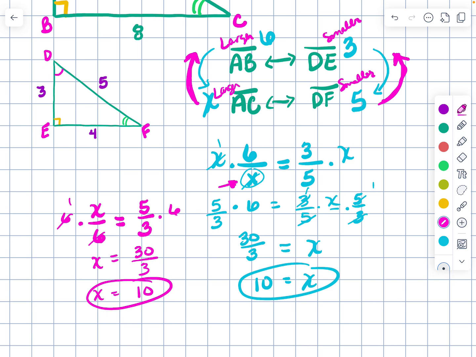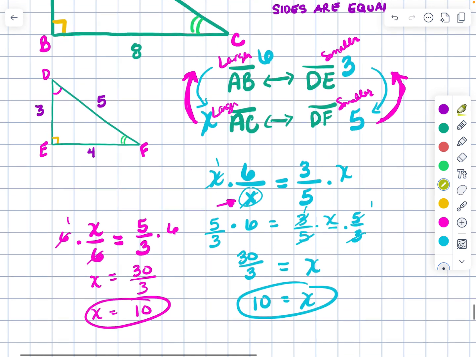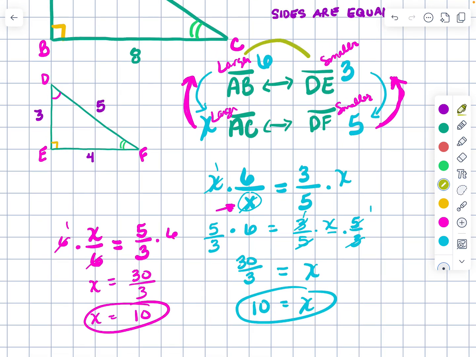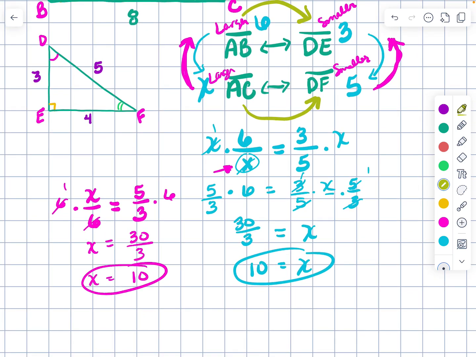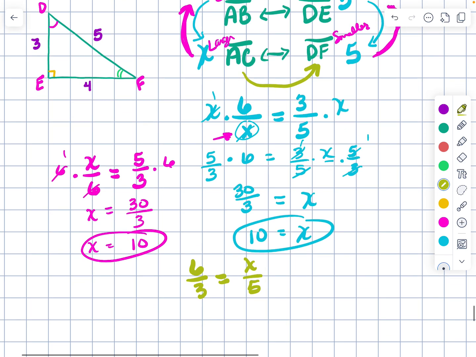Okay? I'm going to show you even a third way to do this. I'm going to go from here to here and here to here. Just to show you, as long as you maintain the connection. So I'm going to go 6 is to 3 as x is to 5.